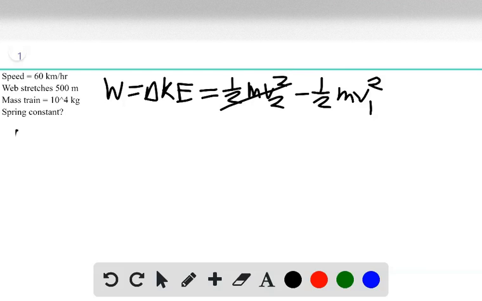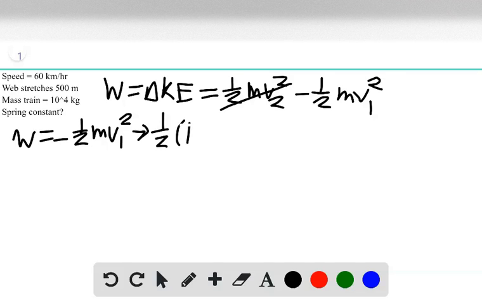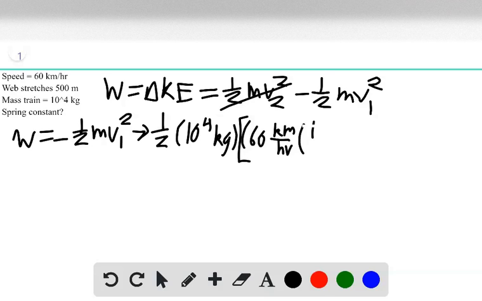All right, so we have gotten work equals minus 1/2 m v1 squared. And we can plug all of our numbers in for that. 1/2 times 10 to the 4th kilograms, and velocity is 60 kilometers an hour, which we can convert to meters per second.